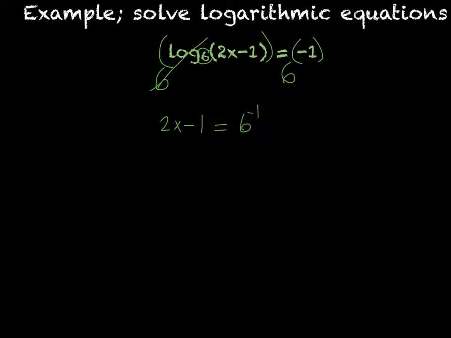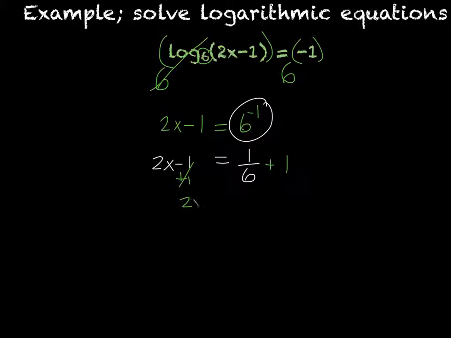Well, you should recognize that 6 to the negative 1 power is actually just 1/6. Okay, and that's what we know from before. So I have 2x minus 1 equals 1/6. And then I add the 1.